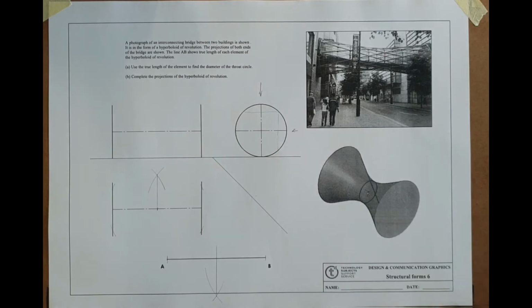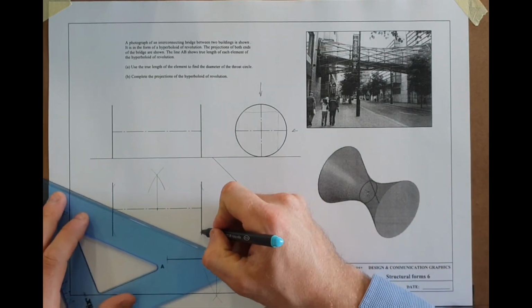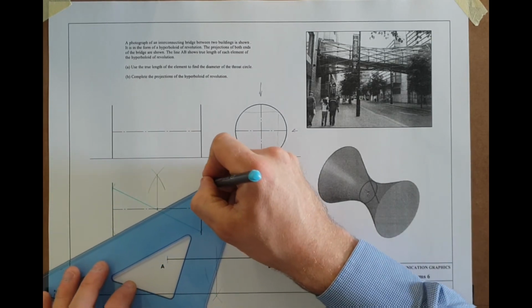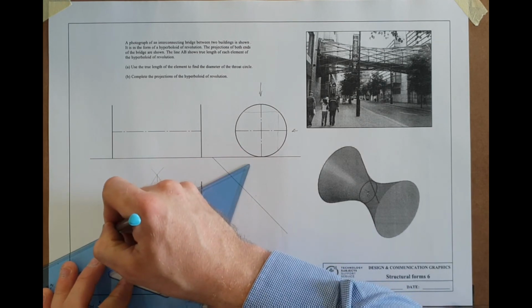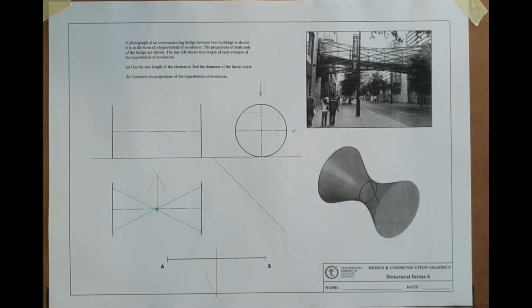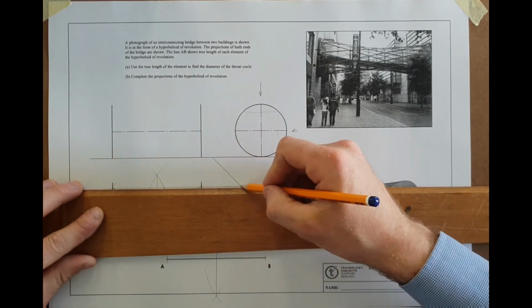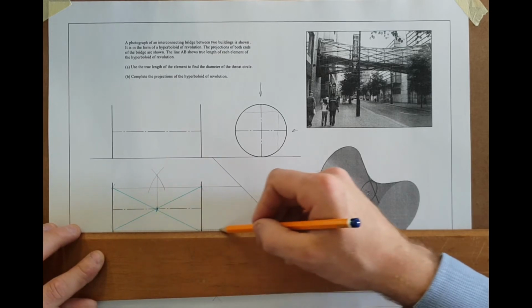I've used the information and worked backwards to show that that isn't a true length element, not the most accurate one now for me, and they both pass there at a point on the throat circle. Let's work it back again to the end elevation here.